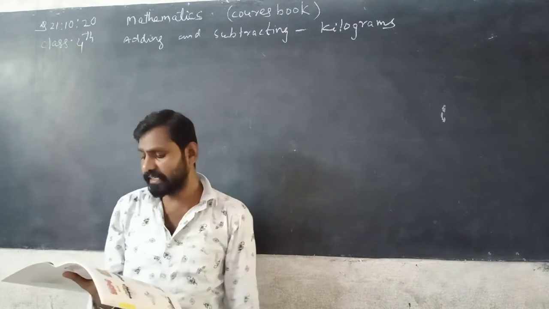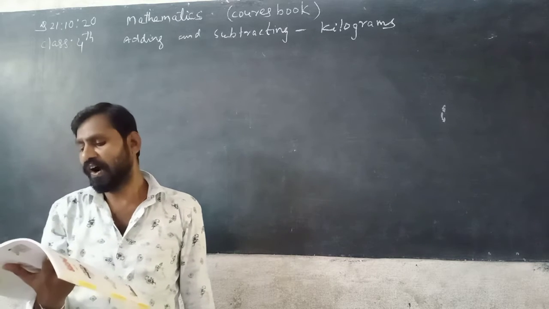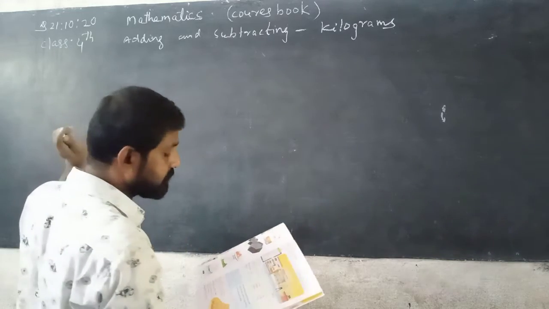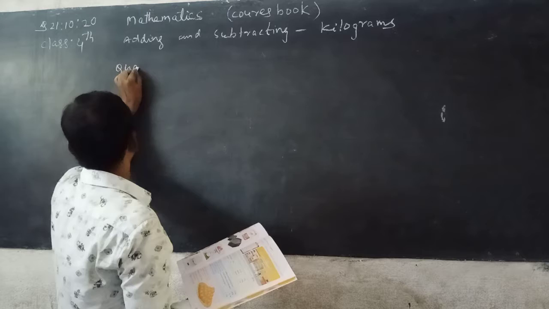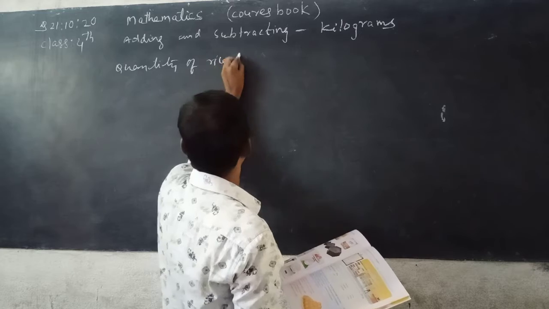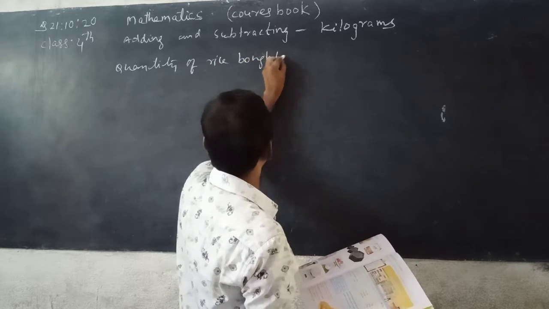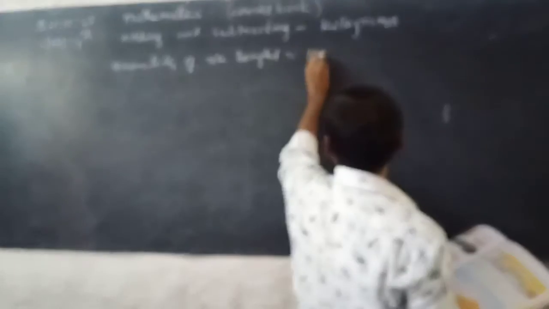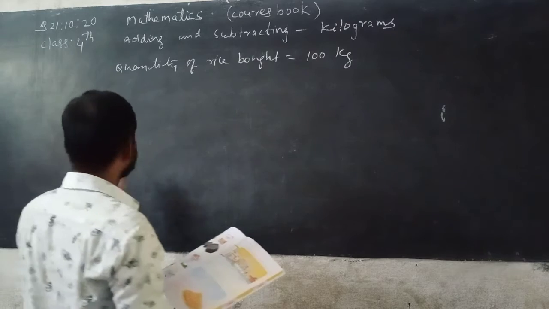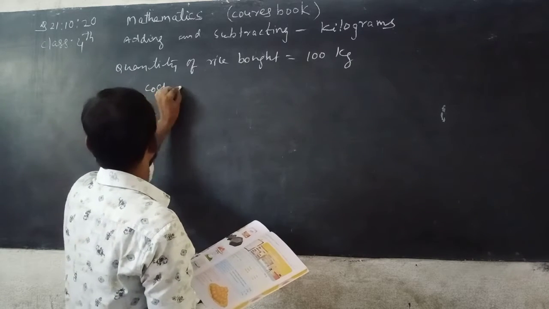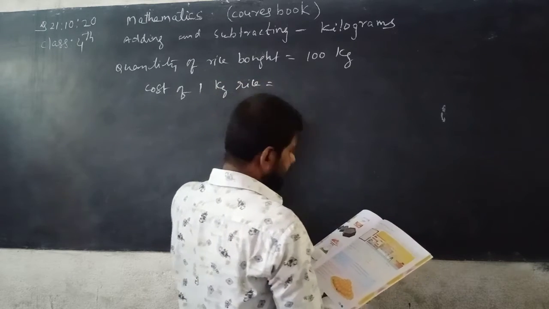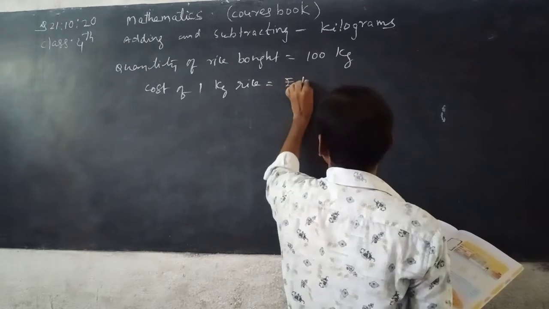See here, first one: if 1 kg rice costs 42 rupees, how much money did they pay for rice alone? See here, quantity of rice bought is equal to 100 kg, beta. Cost of 1 kg rice is equal to 42 rupees.